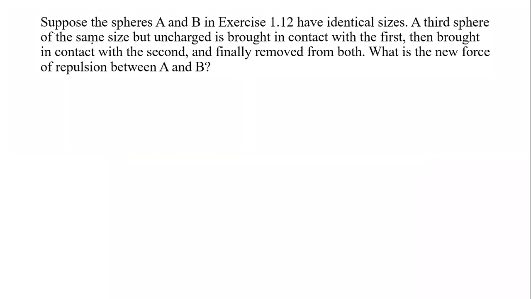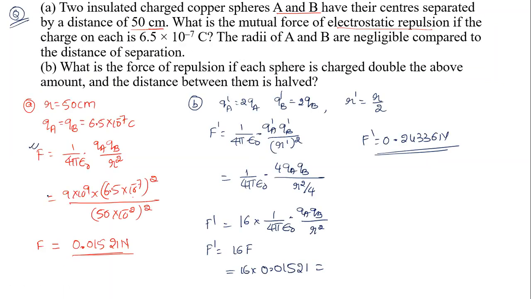A third sphere of the same size but uncharged. So let us take initially qA equal to qB. How much was it in the previous slide? It was, look here, 6.5 × 10^-7, right?